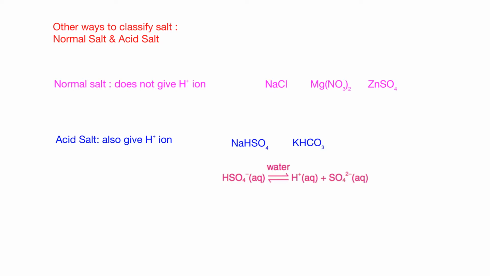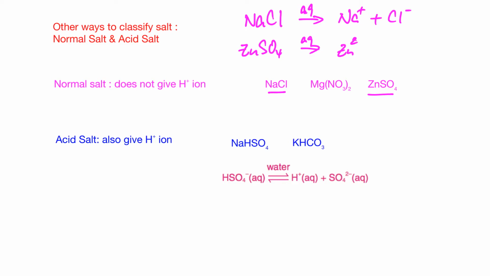For example, for normal salt, we have the example of NaCl. For NaCl, when we put it into the water, you will see that they give Na+ and Cl-. When we have zinc sulfate, we put it into the water, they give zinc ion and sulfate ion. You see that right here, there is no H+ ion in it. So we call this normal salt.